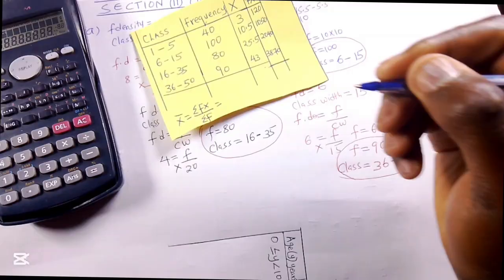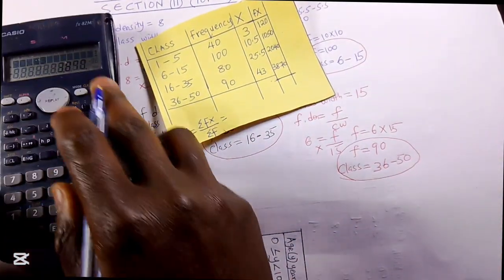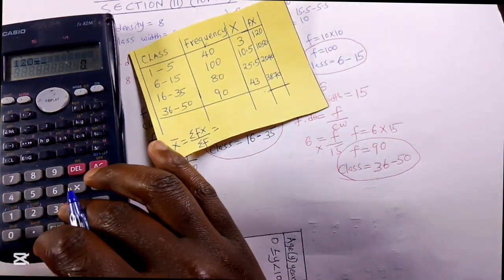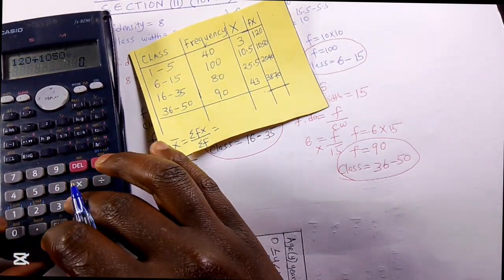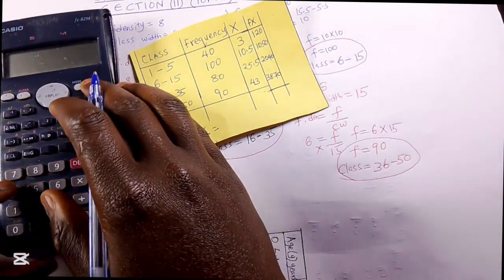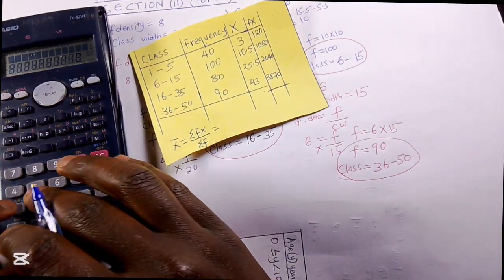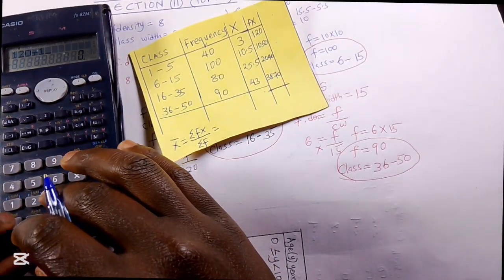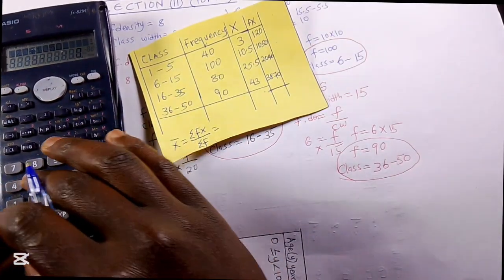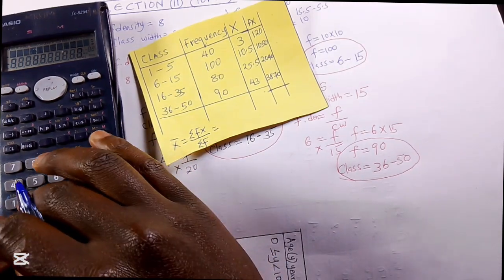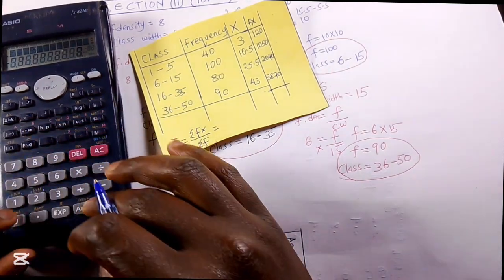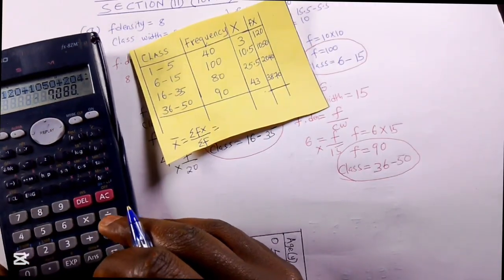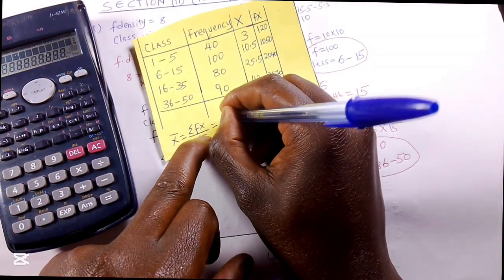So the sum of fx will be equivalent to 120 plus 1050 plus 2040 plus 3870. So that will give us 7080.